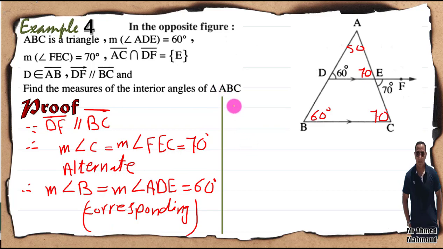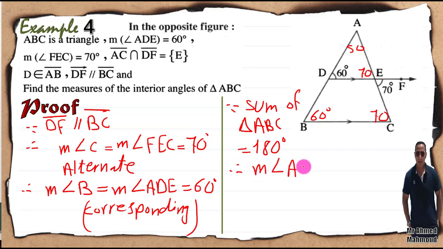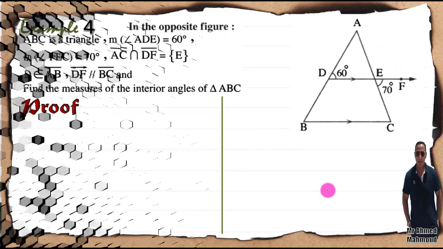Okay, since sum of interior angles of triangle ABC equal 180 degrees, therefore measure of angle A equal 180 minus (60 plus 70) equals 50 degrees. Okay, now the next remark.